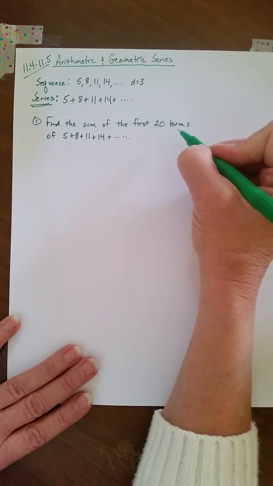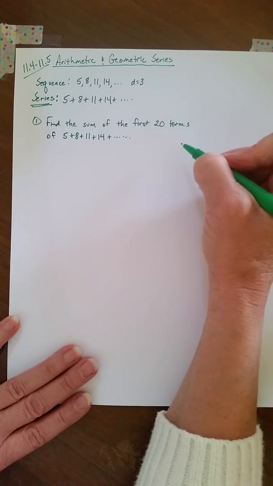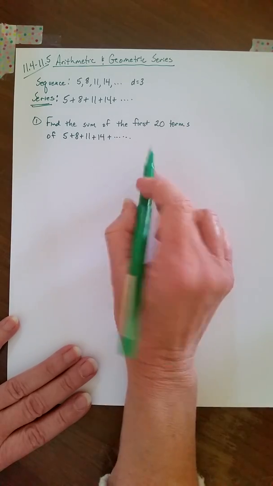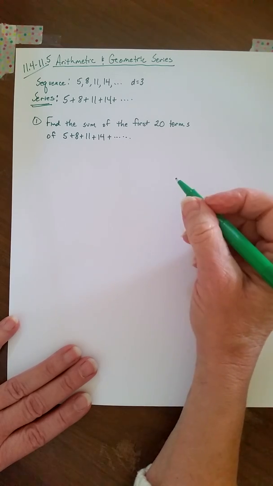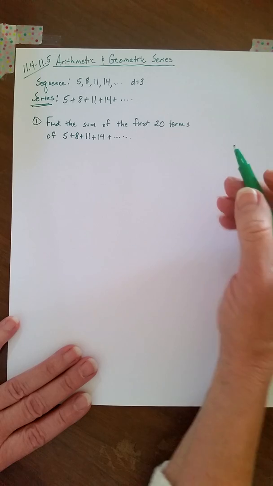Now, if I want to find the sum of the first 20 terms, I have a formula. I could write them all out and add them all up, but that would take a long time, and there's a good chance we would make a mistake along the way. So we have a formula for this.